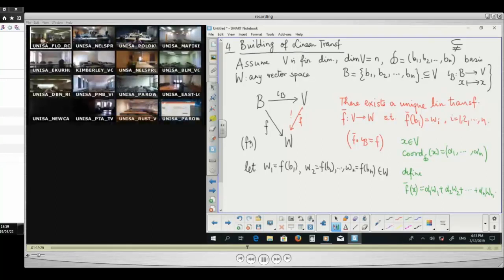That's what I do. So this F bar, if you can try to visualize the picture, what was it? The picture is like this. You have this big vector space V, and you have this one W.